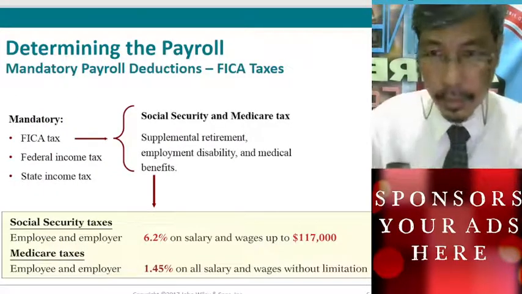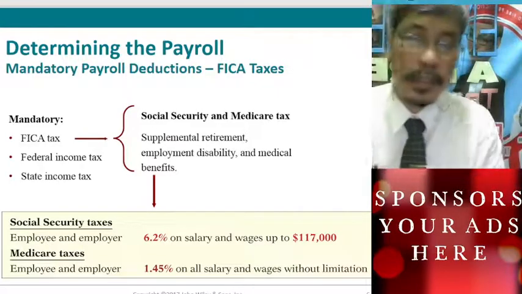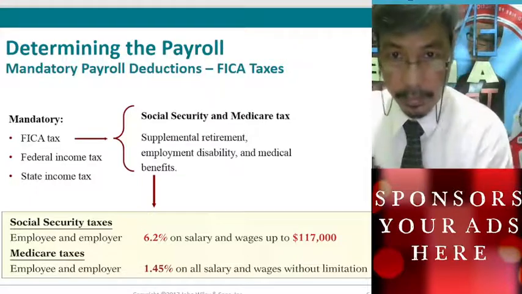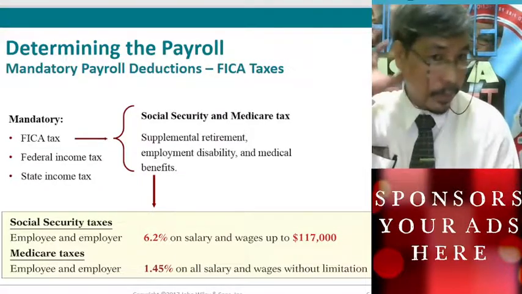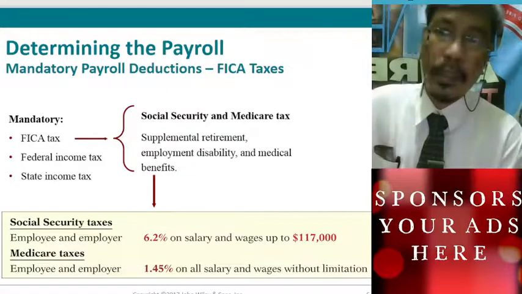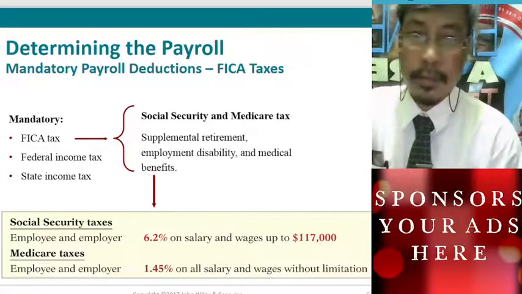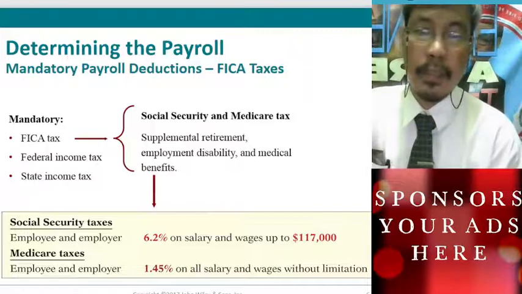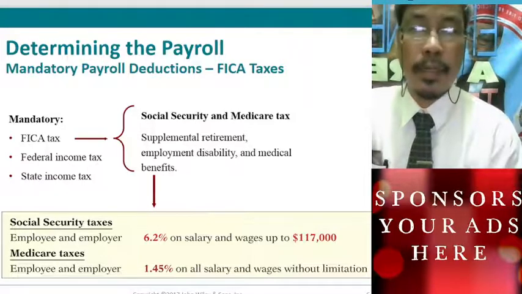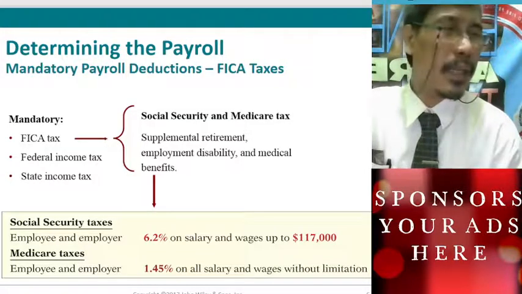So in our country, we have the income tax, and what else? Mandatory, I think, PhilHealth. But PhilHealth is mandatory for regular employees.